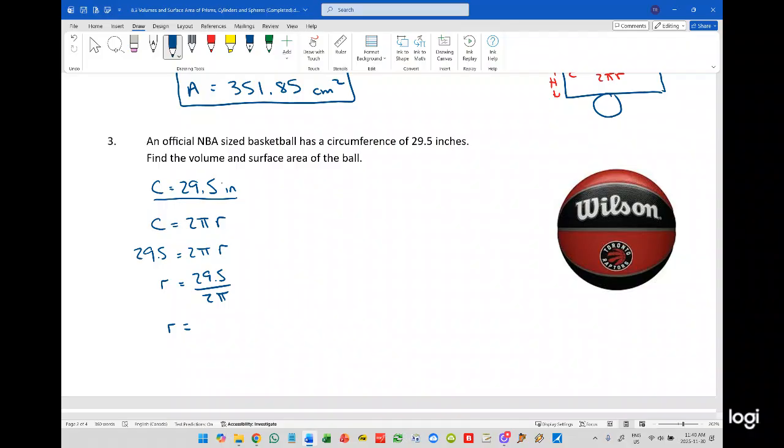So 29.5 divided by 2 divided by pi equals 4.695. We're going to round that off to 4.7 inches.